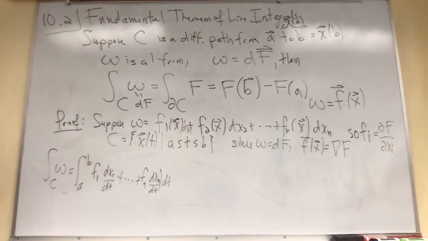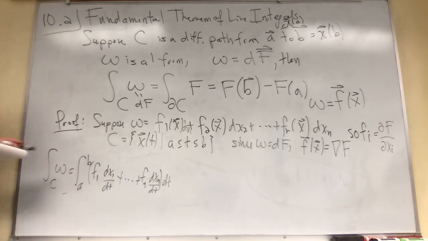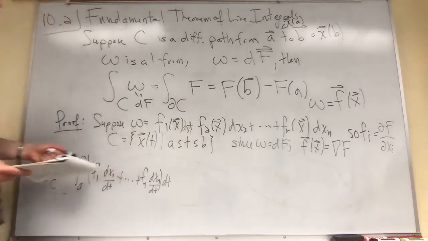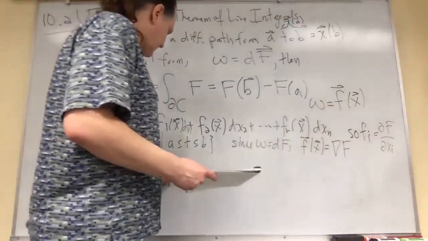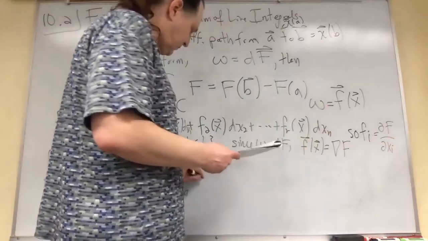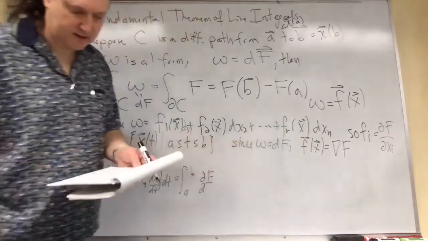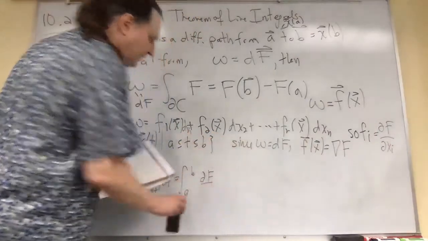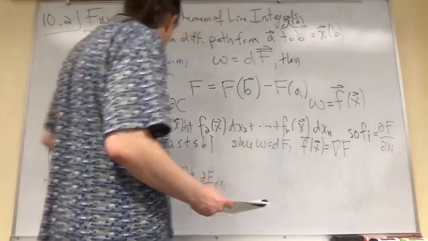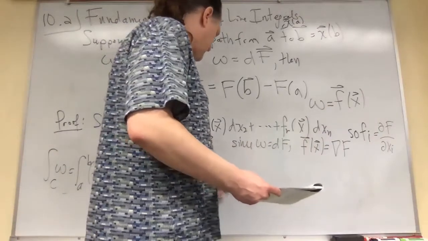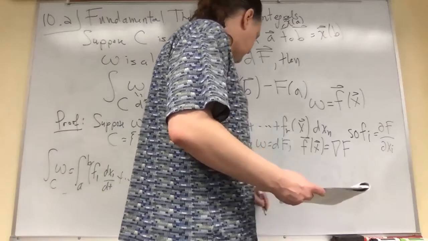So now we've put our curve and parameterization into our line integral. But remember, each of these scalar functions is just a partial derivative. So this is from A to B of the partial of f with respect to x1 dx1 still dt. And the same thing for all dimensions.